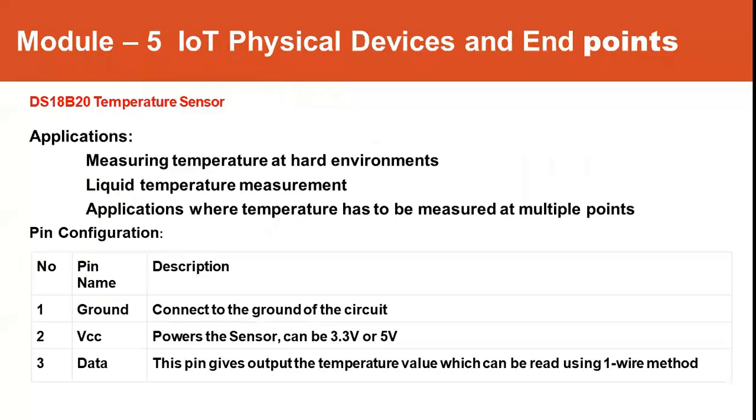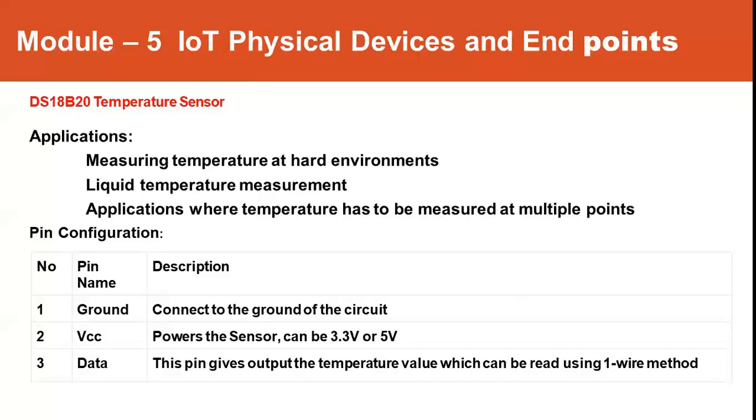So this DS18B20 temperature sensor has the applications. So it can measure the temperature in liquids. It can measure the temperature in very hard environments, like mining or in any factories.